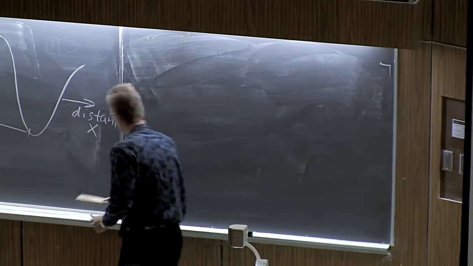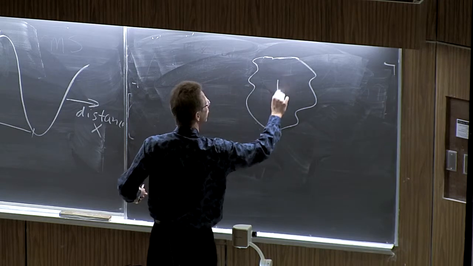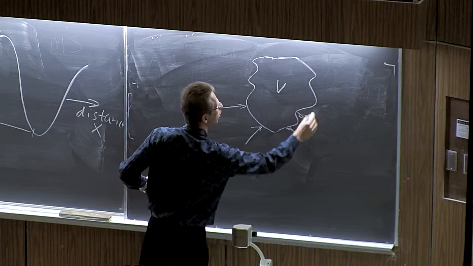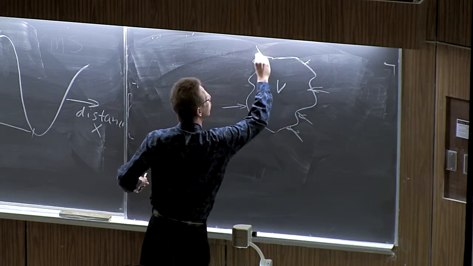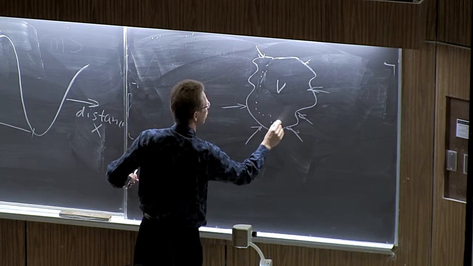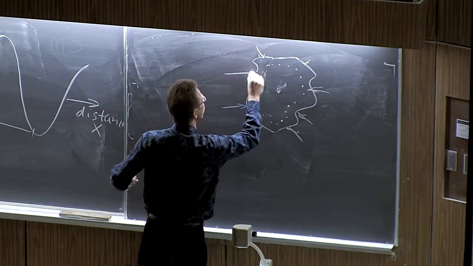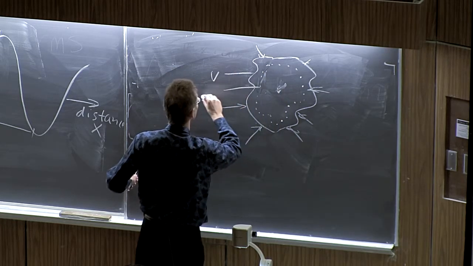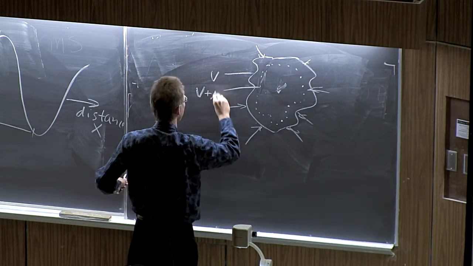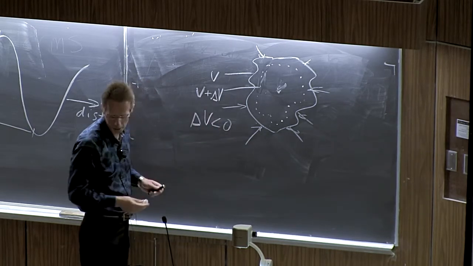So let's say we have some volume V, and we apply some pressure, and it becomes smaller. So this one was the volume V, and this one is the volume V plus delta V, where delta V is typically smaller than 0.